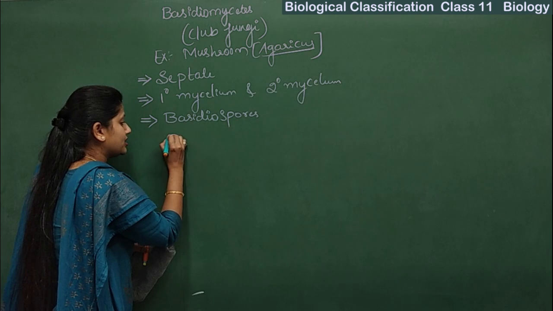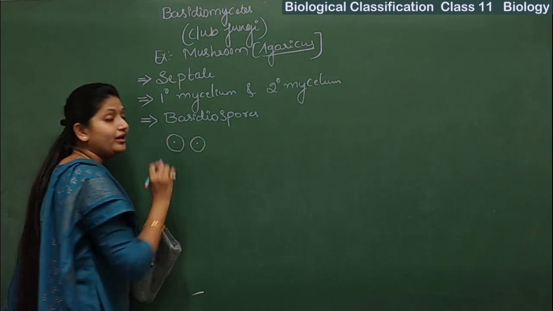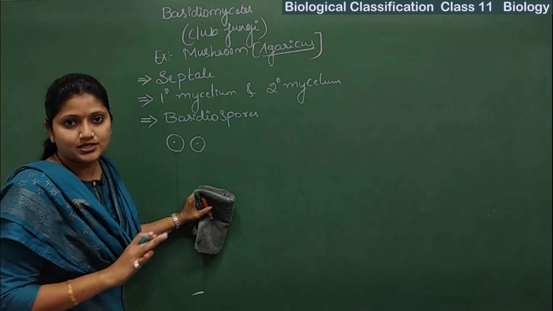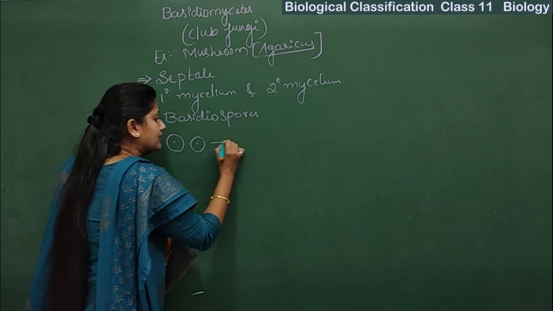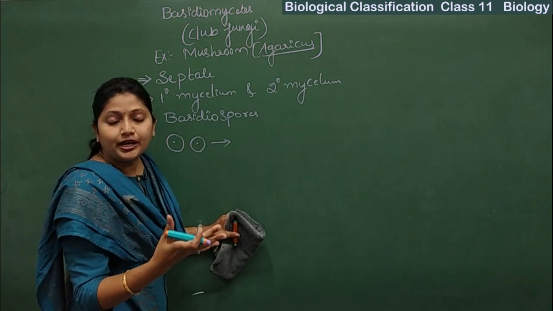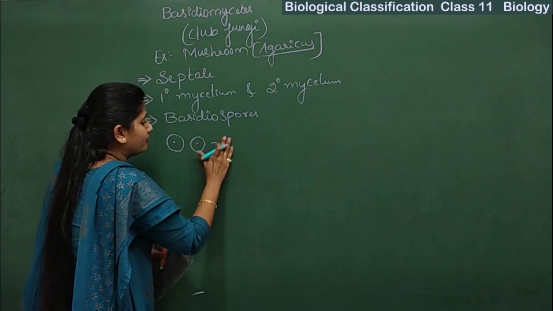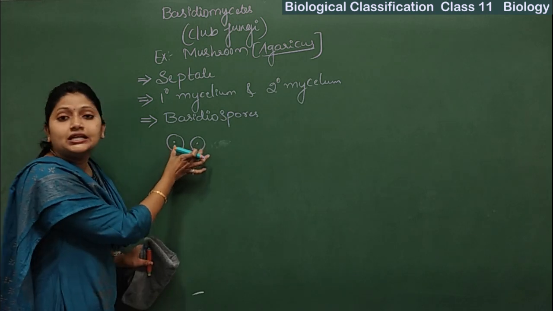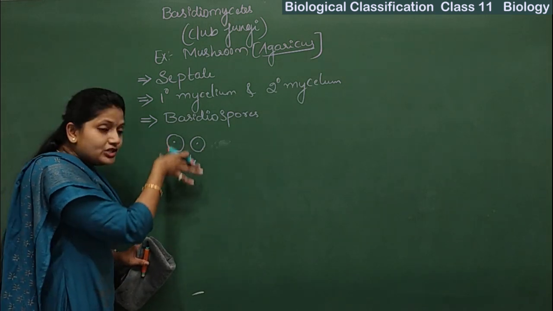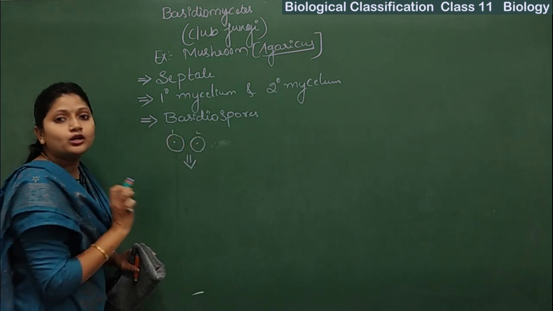Fine. Let's imagine these are the basidiospores. These are haploid spores. The basidiospores are haploid in nature. How exactly they germinate to form a mycelium, we will write it here. Firstly, these spores will germinate separately. This is spore number 1 and this is spore number 2.